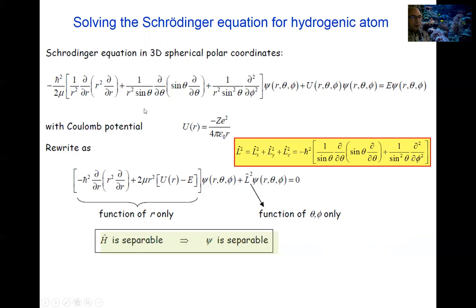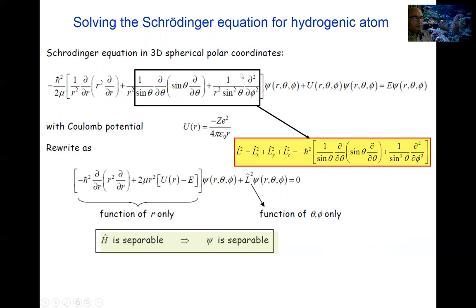And you can see as we come to these spherical polar coordinates, we start seeing very similar terms in our Hamiltonian. So if we try to separate these terms, this term here looks very familiar, and this corresponds to the representation of L squared, as we saw before in our orbital momentum equations.